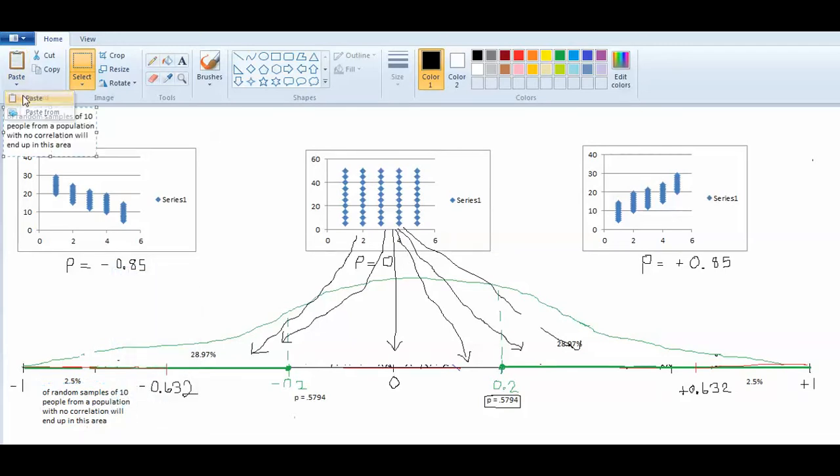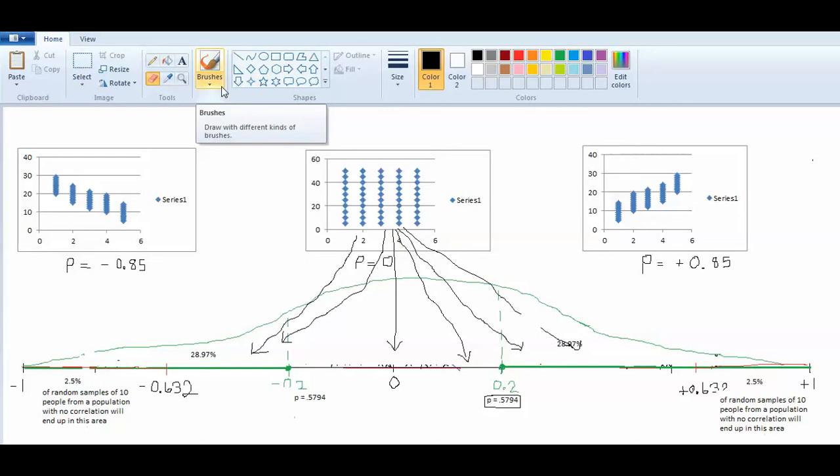Same thing out here. 2.5% of random samples of 10 people from a population with no correlation will end up in this red area. And remember that if we want to change them to probabilities, we just have to move the decimal point 2 places to the left.